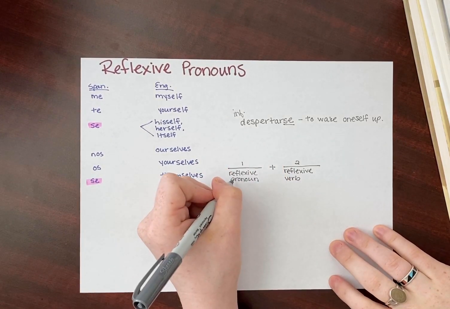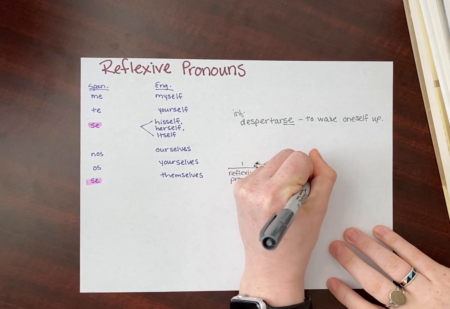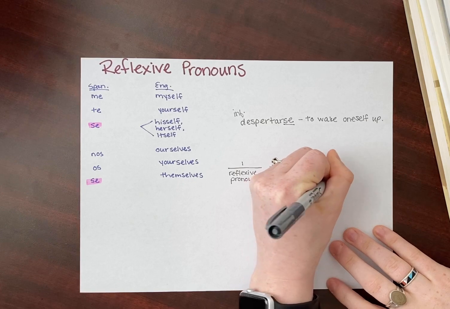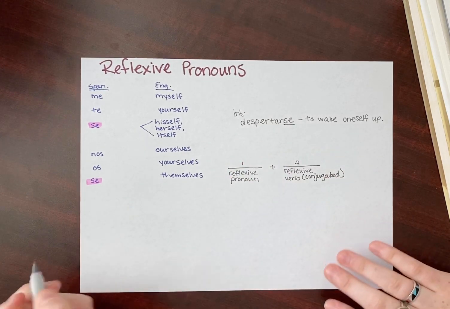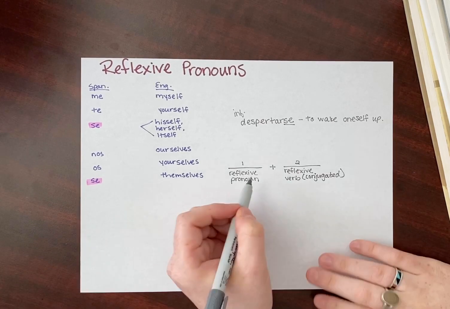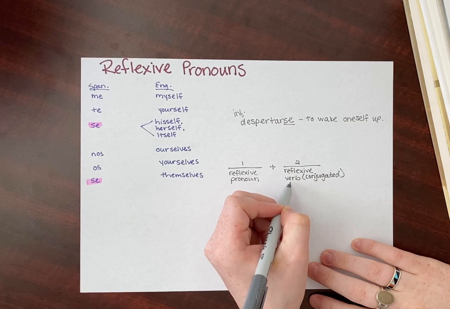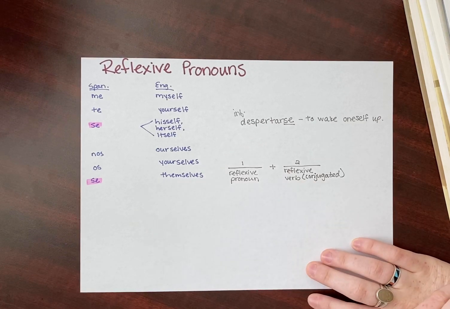And make sure that the verb is conjugated normally as you would conjugate it if it was not reflexive. So basically we have the reflexive pronoun plus the reflexive verb conjugated.